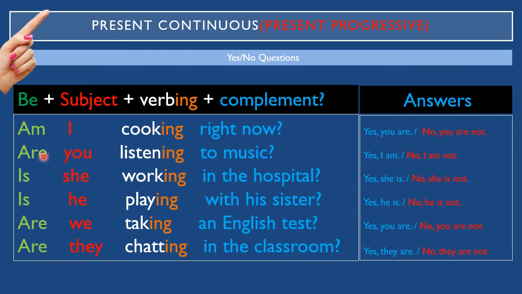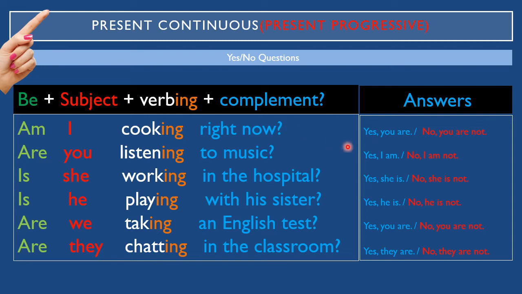Am I cooking now? Are you listening to music? Is she working in the hospital? Is he playing with his sister? Are we taking an English test? Are they shouting in the classroom? So in that case, the only difference is that we change the position of the verb be and the subject. And also, we finish the sentence with a question mark and not with a period.